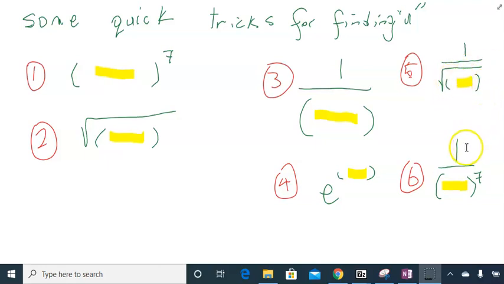And lastly, if you have 1 over some function raised to some power in the denominator, then the u is usually that function in parentheses. So these are some quick ways of locating a u, if you ask, how do I find my u?